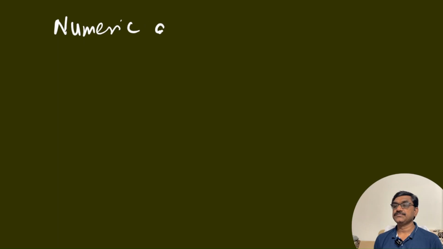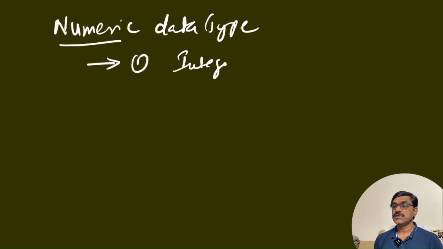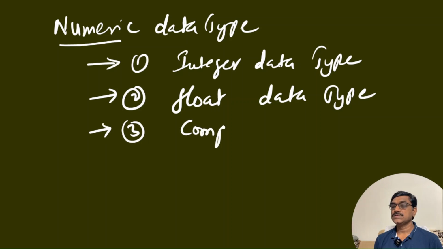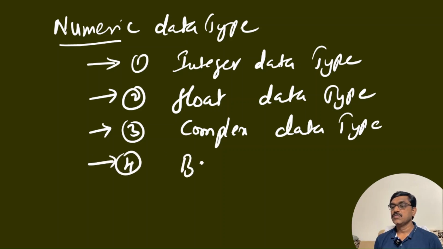Numeric data type in Python is broadly divided into: first, the integer data type; after that, the float data type; third, the complex data type; and fourth, the boolean or bool data type.